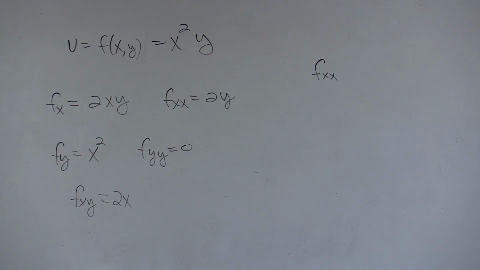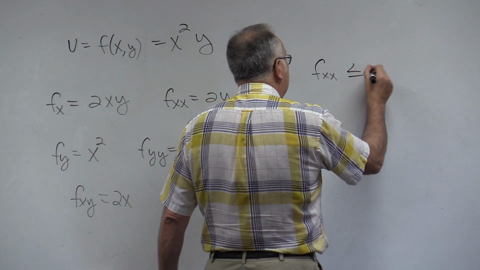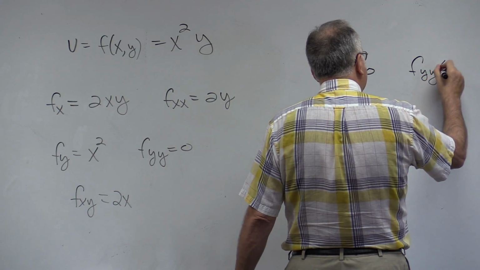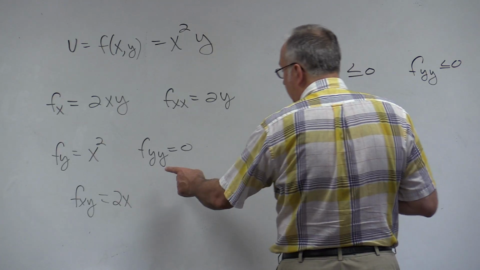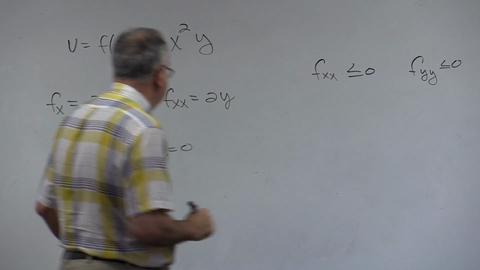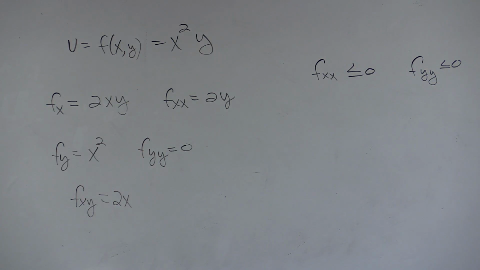F sub xx would have to be less than or equal to 0. You would have to have this. And you would also need f sub yy less than or equal to 0. And notice f sub yy is 0. Well, that part is satisfied. But f sub xx is equal to 2y. So right away, we know that this isn't concave.